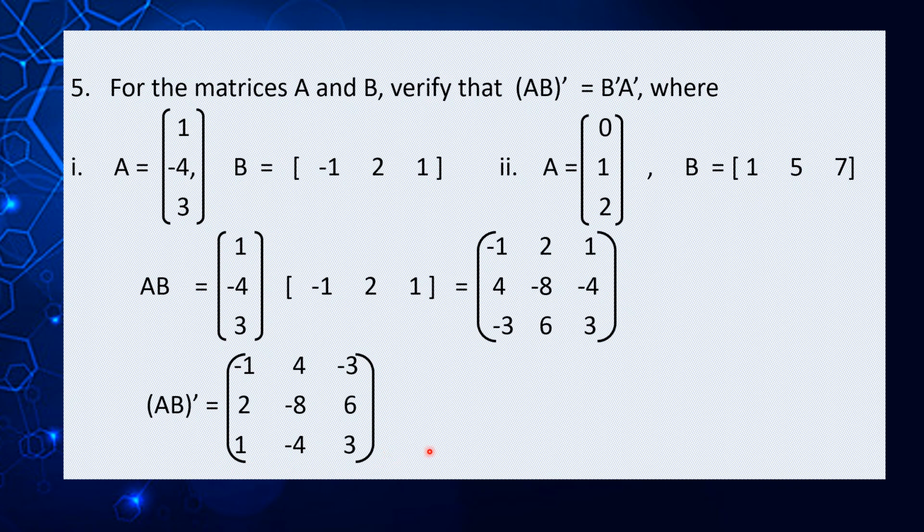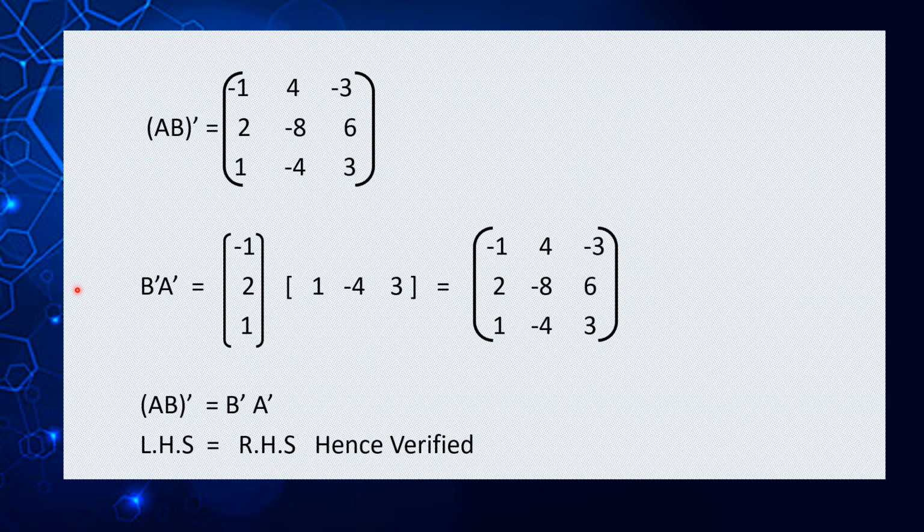We have written the LHS part. Now we will find the RHS part. So as per the question, we have found AB. Now this is the RHS part, which is equal to B transpose into A transpose. That would be minus 1 2 1 and 1 minus 4 3.